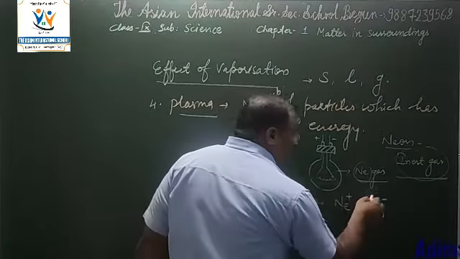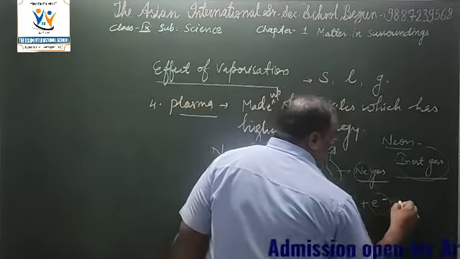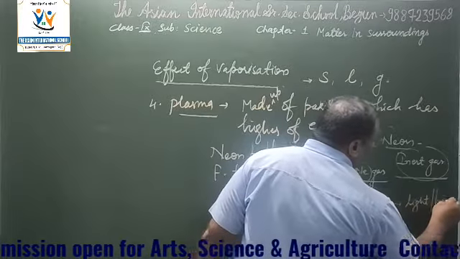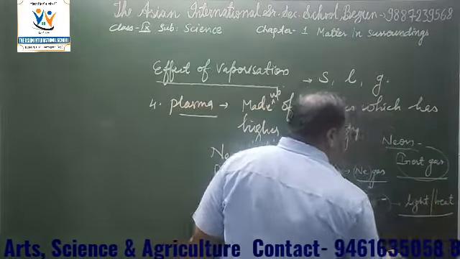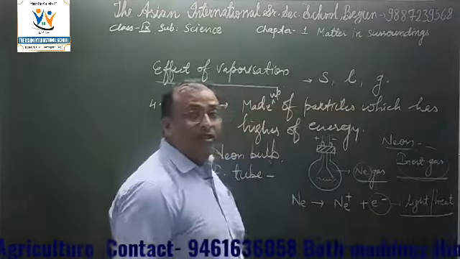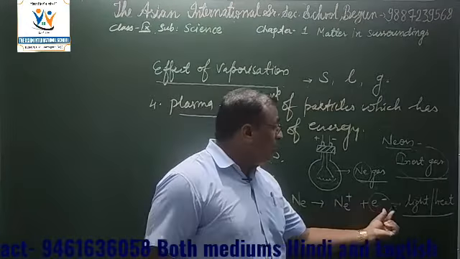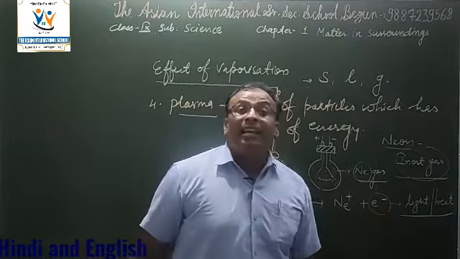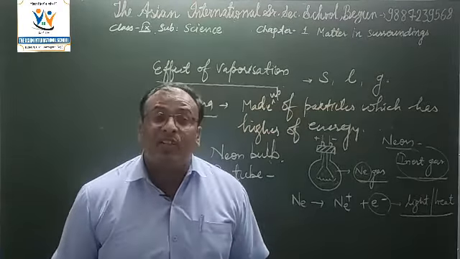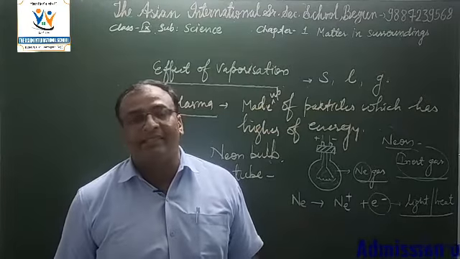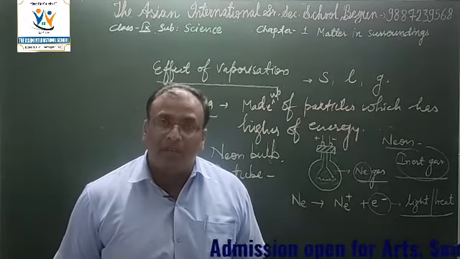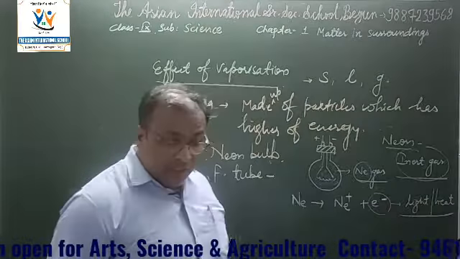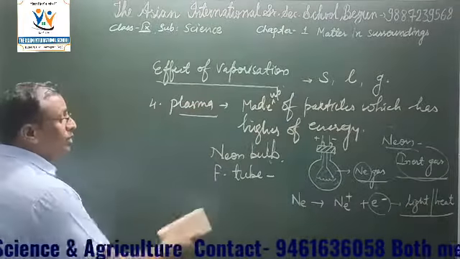Due to the presence of these electrons, light and heat are produced. This state of neon gas, or inert gas, is called plasma.